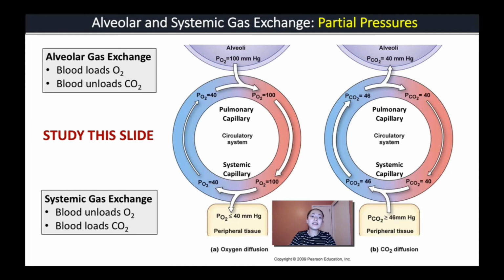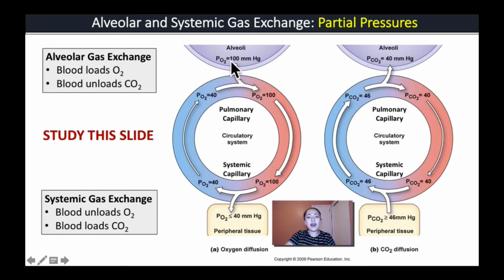So this is a great slide that summarizes alveolar and systemic gas exchange. If you look at the top here, this is the alveoli, and this is showing the pulmonary capillaries and then the systemic capillaries, because this is a circuit in your body. The left figure is showing oxygen diffusion, and the right figure is showing carbon dioxide diffusion.